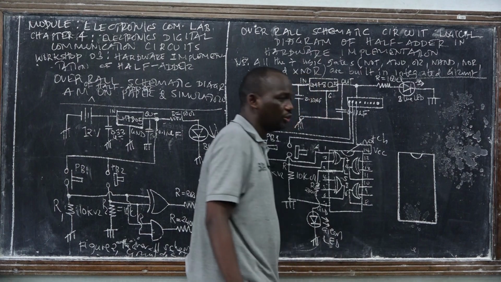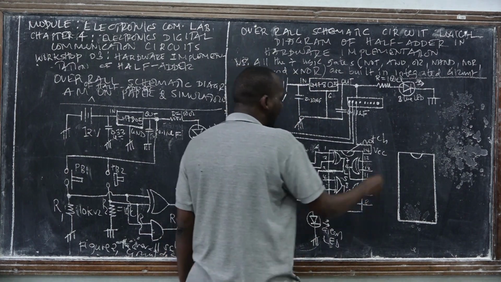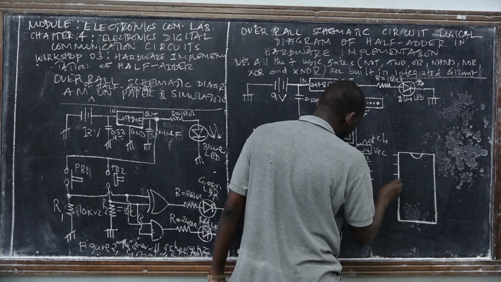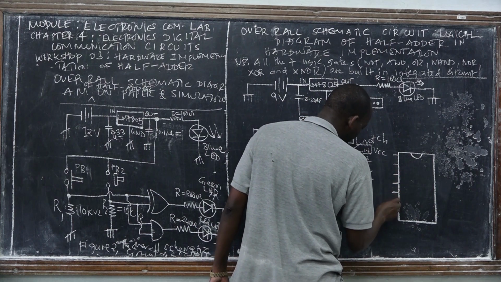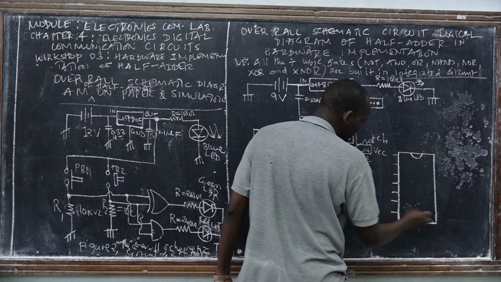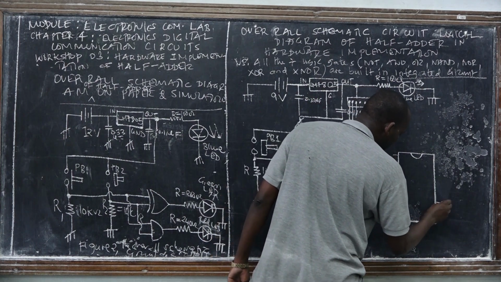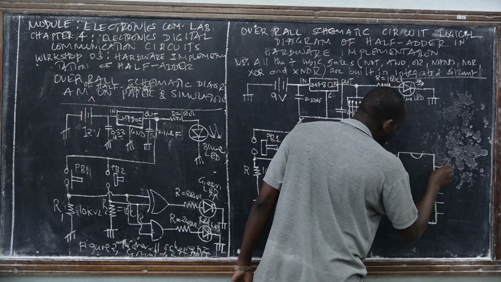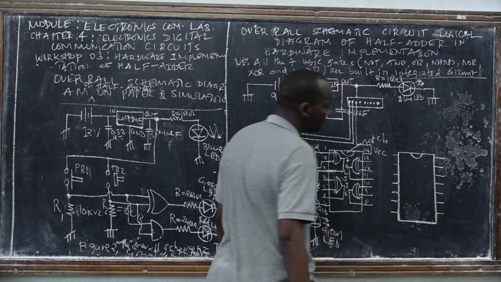This is the notch. Also the TTL AND gate that we are using in electronics has 1, 2, 3, 4, 5, 6, 7.